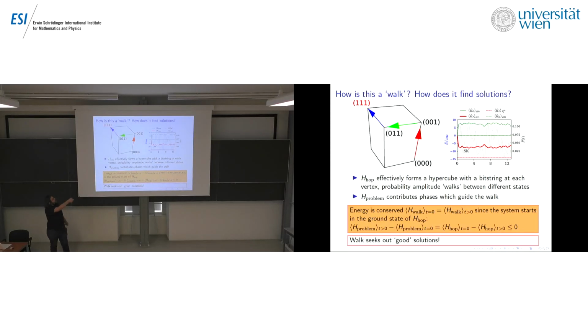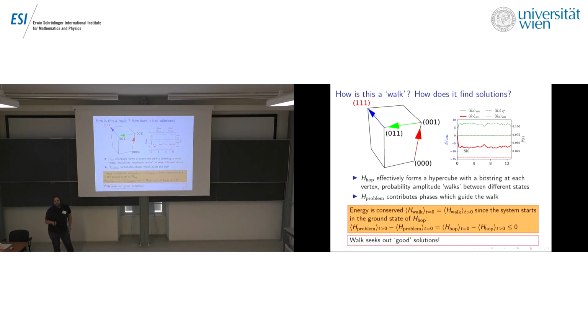And so, if I've started out in the ground state of the hopping Hamiltonian, which is just an equal superposition of everything, then if my total energy is conserved, and it's just the sum of the expectation value of a kinetic term and a potential term, if the expectation value of your kinetic term goes up, which it can do nothing else, the expectation value of your potential term goes down. So, on average, you're doing better than random guessing in terms of the optimality of your solution.